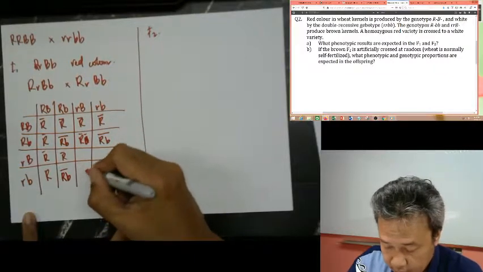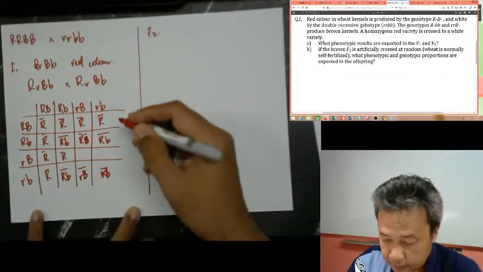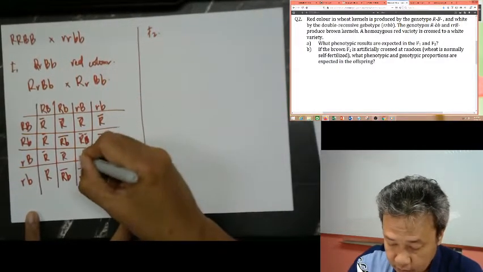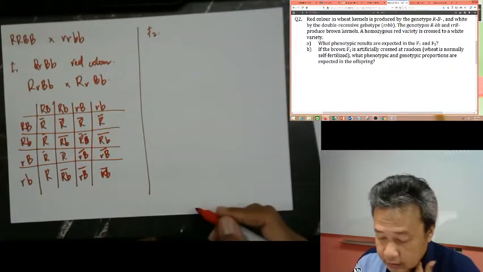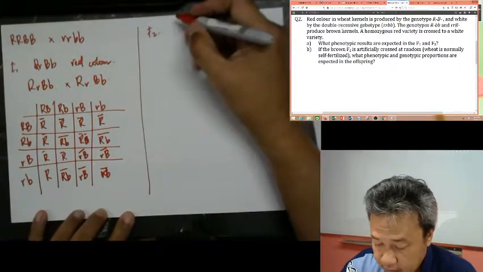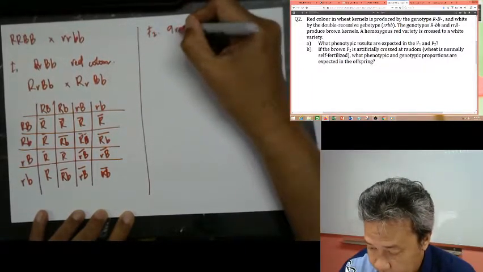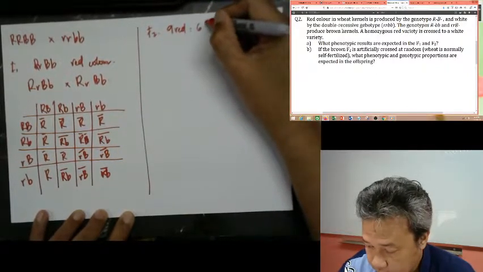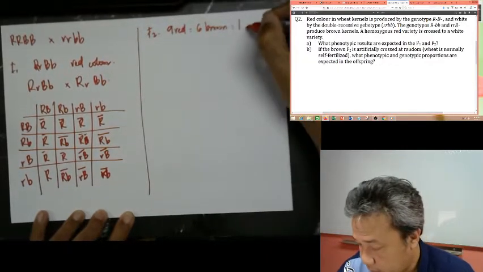Here you have small r and big B, here you have small r and big B, and here you will have small r and big B. So that gives you 9, 6, 1. So you'll have 9 portions of red against 6 portions of brown and 1 portion of white.